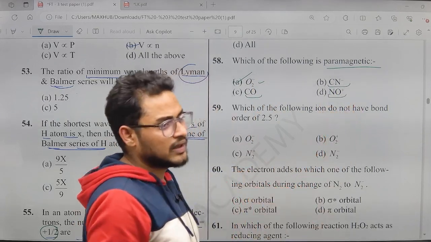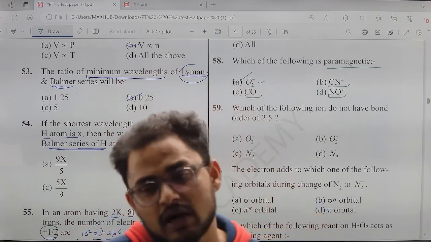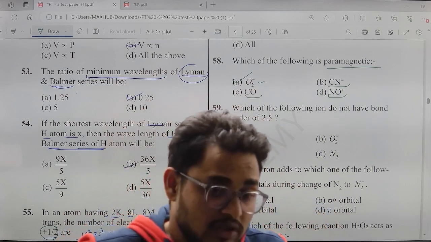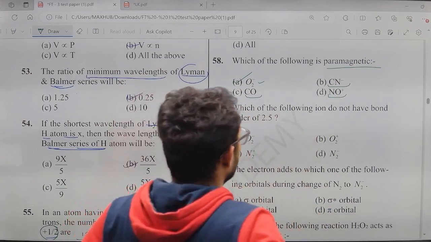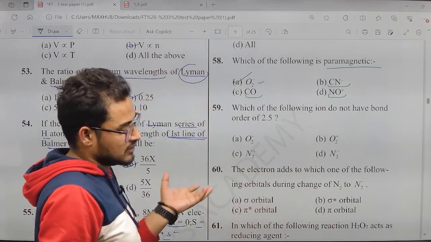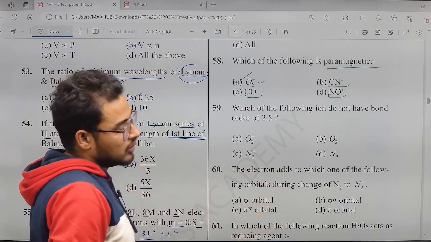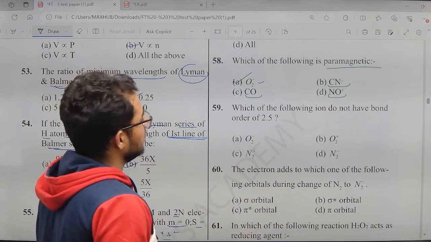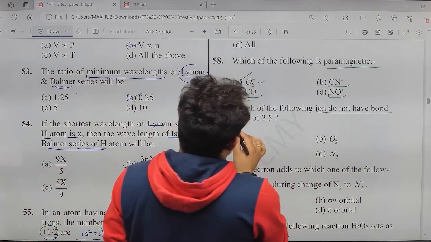I do not know if they are paramagnetic or diamagnetic. We will have to apply this if the electrons are even in number. So we will have to fill the electrons and then we will be able to predict. But we have found the answer now with this trick, that if the number of electrons is odd, it will definitely be paramagnetic in nature. Do not have bond order.